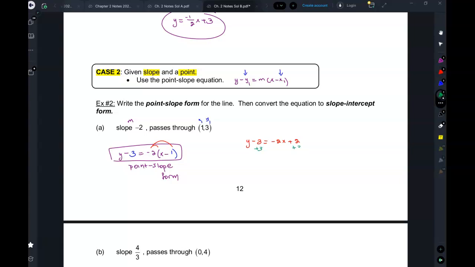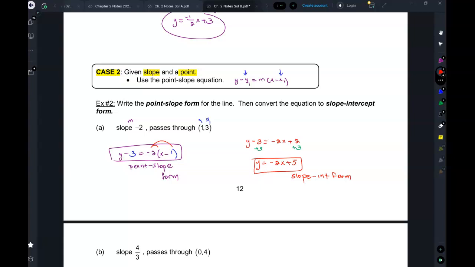Add 3 to both sides, because we need to get it as y equals something. y equals -2x plus 5. And this is the slope intercept form. So this problem was asking us to do that form, 2 answers, and I just got 2 answers. I basically started with one and I went into the other. Okay?